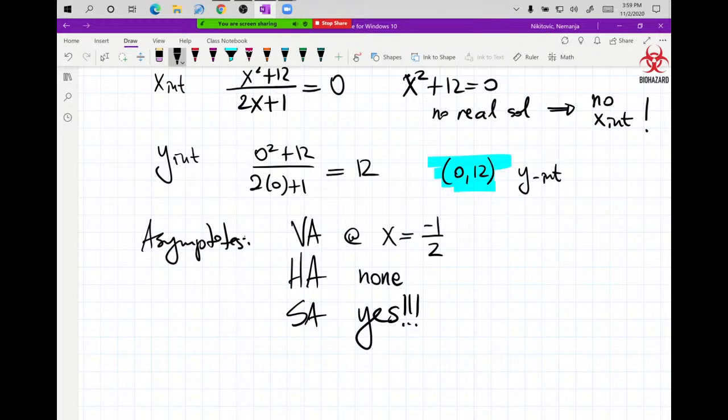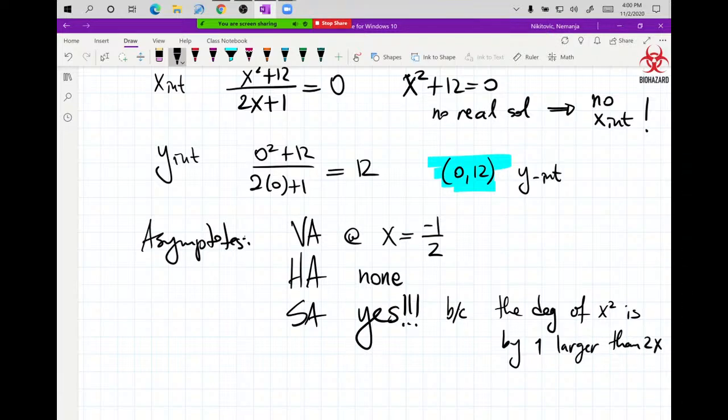So in this case, we have to divide. We have to do the long division to find the equation. Because the degree of x squared is 1 larger than 2x.